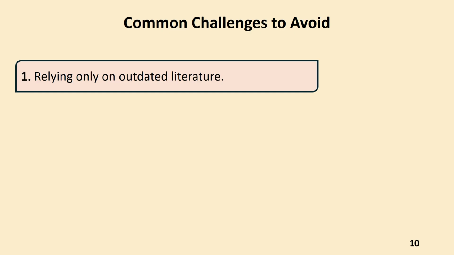For example, if you are doing a review of socio-economic status, definitely the components of socio-economic status 30 or 40 years back will be different from the present time. So it is very important to review literature which is specifically and comprehensively related to your idea.